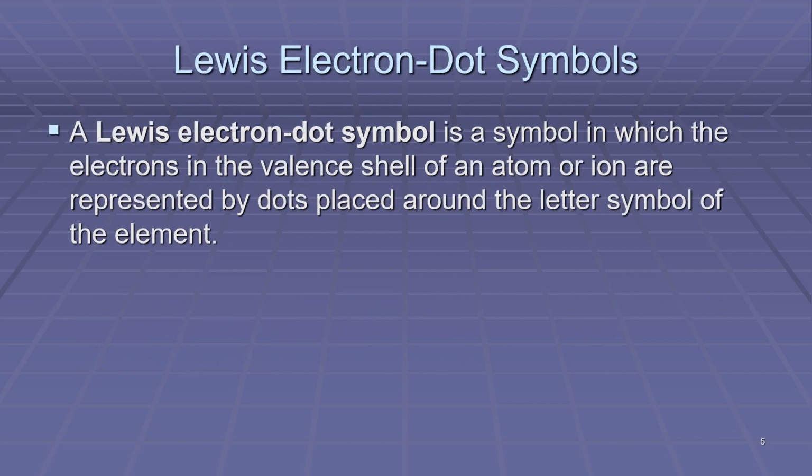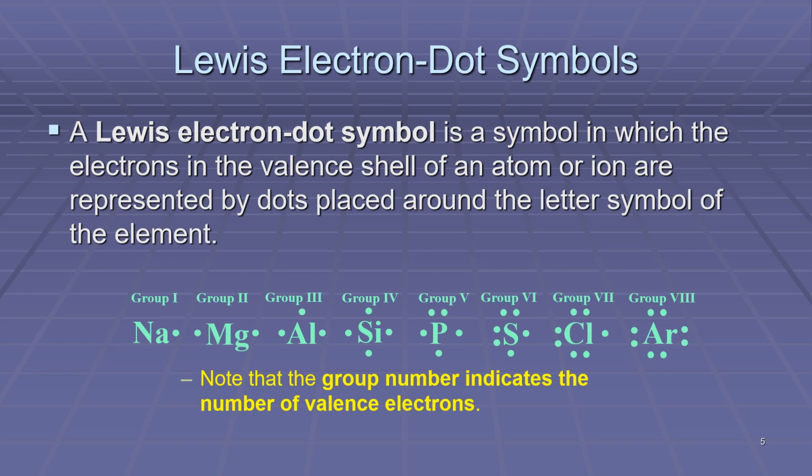All right, now what we're going to do in this chapter is draw Lewis electron dot structures. A Lewis electron dot symbol is just a symbol where the electrons are represented by dots. So we know how we can find the valence electrons. The valence electrons, remember, are the highest energy level electrons.